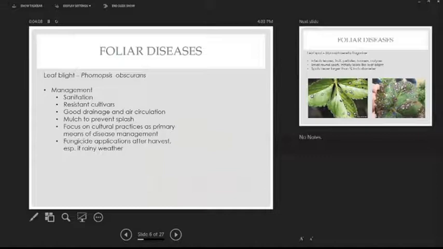So how do we manage this strawberry leaf blight? Sanitation, first of all. We're cleaning things up. We're cleaning up diseased leaves. We're cleaning up diseased plants, pruning them back. If you have a very small operation, it's much easier to do that cleanup step. We're planting resistant cultivars when we can get our hands on them.